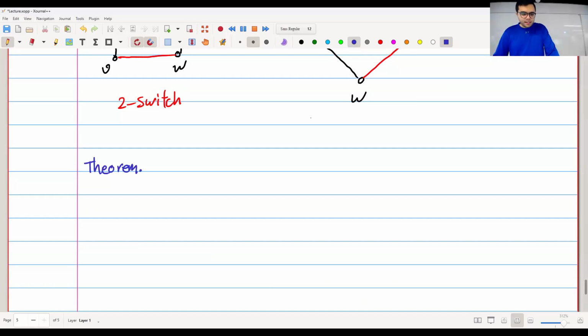I want to say that the graph G is a tree if and only if there is a unique path between every pair of vertices.